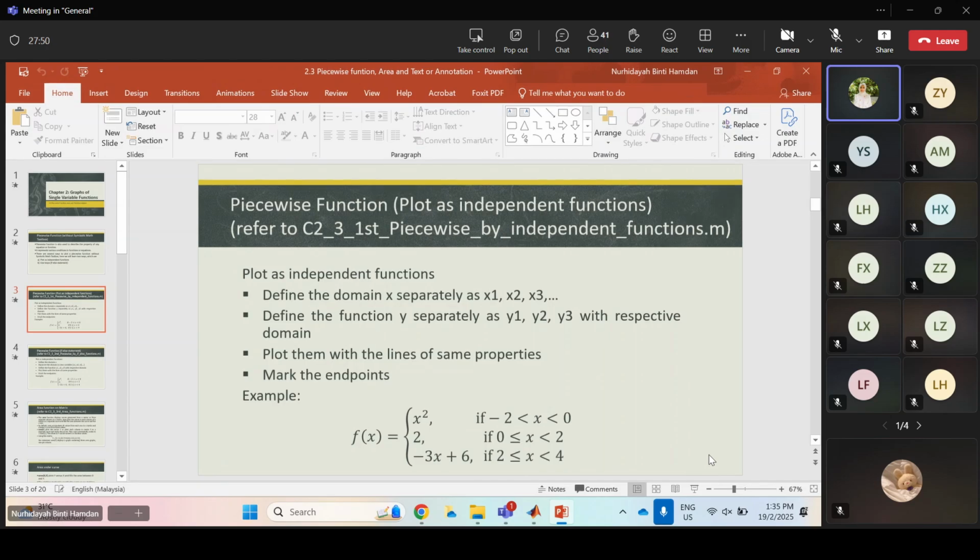So I sketch the graph. -2, 2, and 4. So I know that x squared is from -2 to 0.